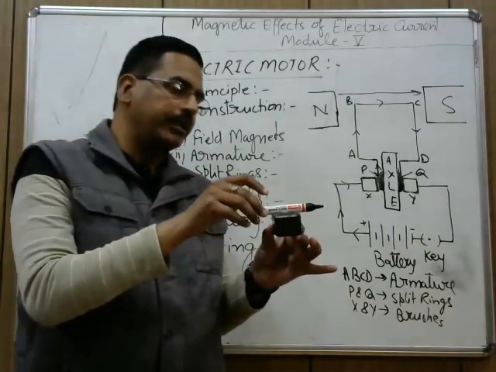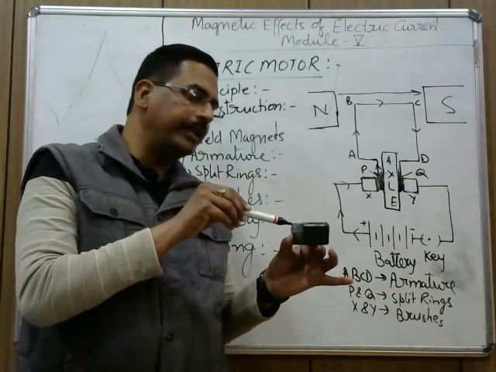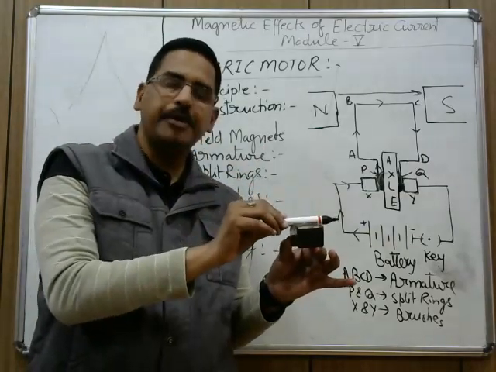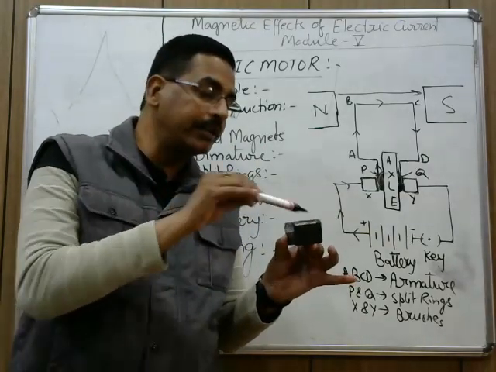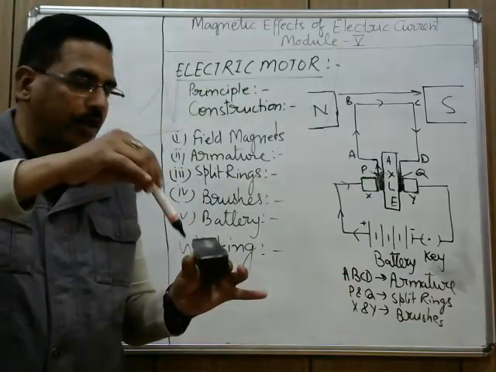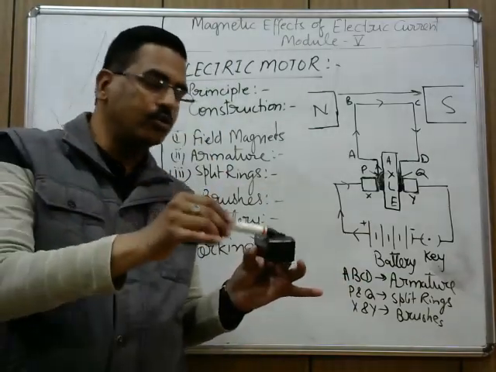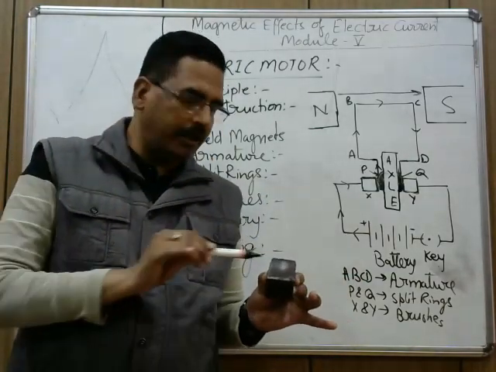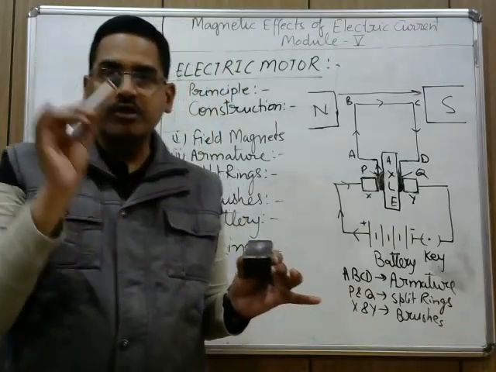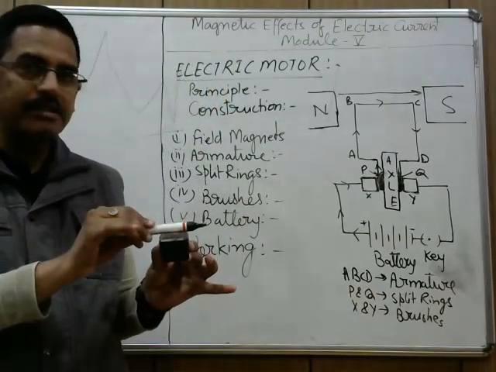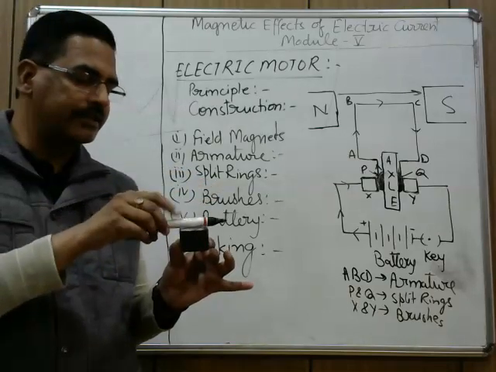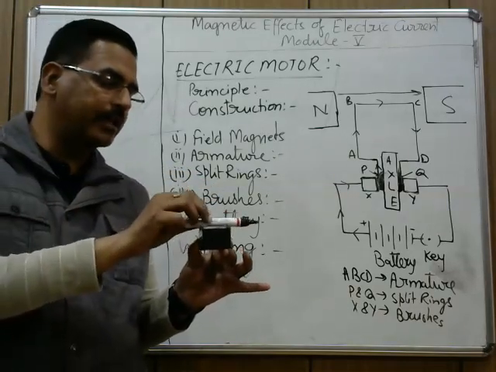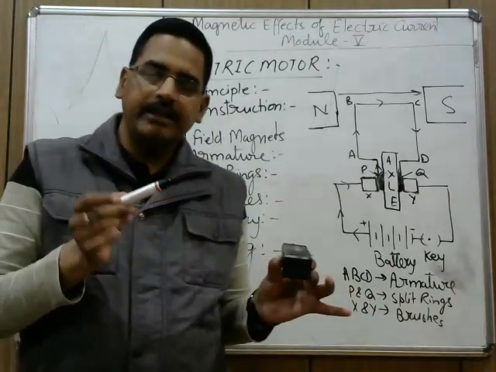Since the two arms AB and CD are perpendicular, the force on them will be maximum, because current is flowing in this direction, the magnetic field is in this direction, and the angle is 90 degrees.